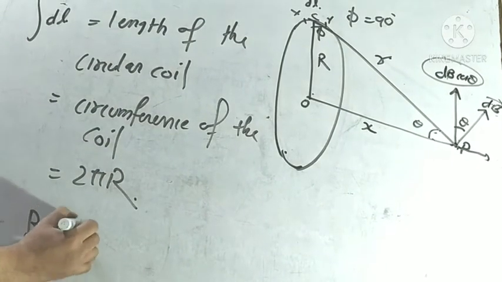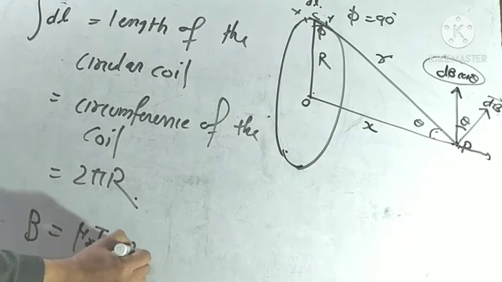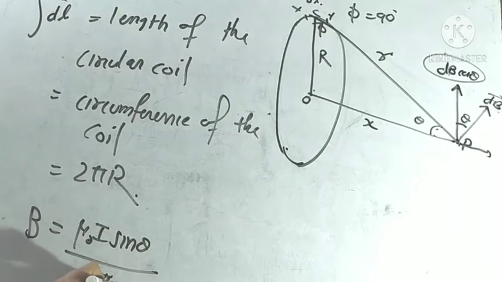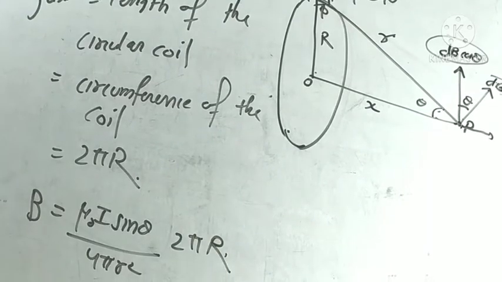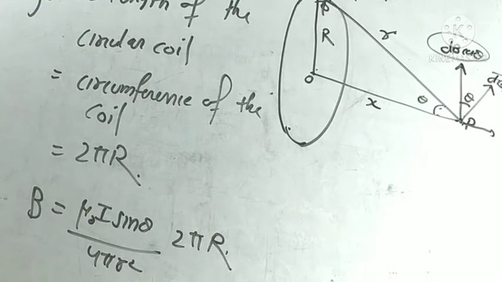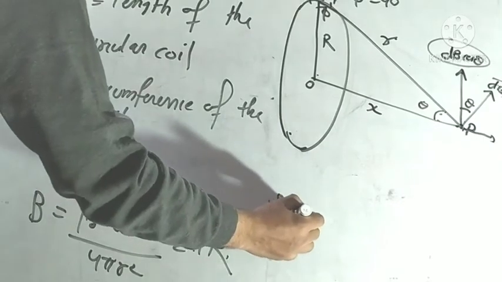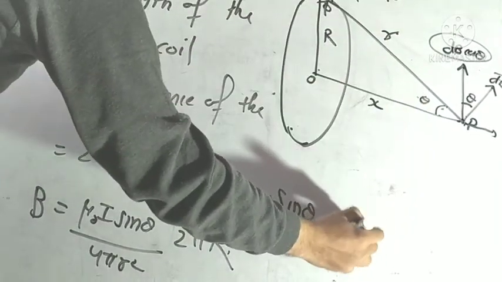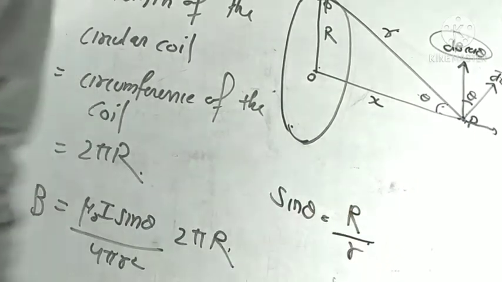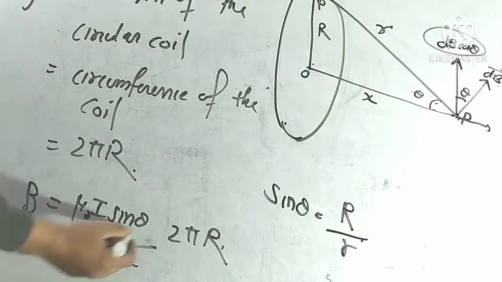B is equal to mu naught I sin theta upon 4 pi r square, times 2 pi r. And here sin theta will be small r upon capital R. We put the value of sin theta here.